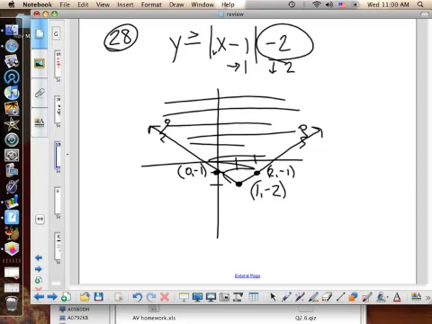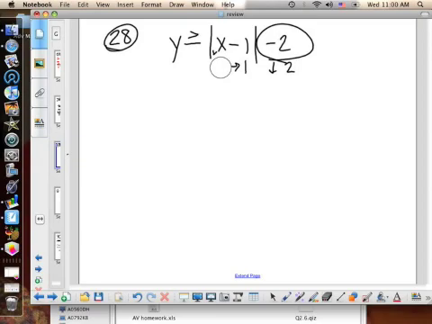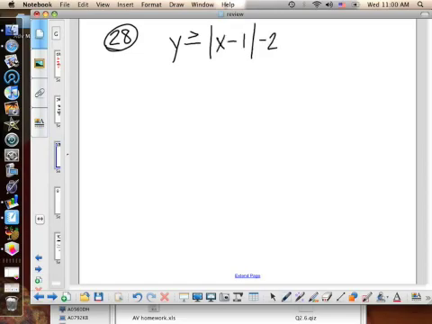Number 28. Okay? Shifts in the graph are found by adding or subtracting to it. Okay?